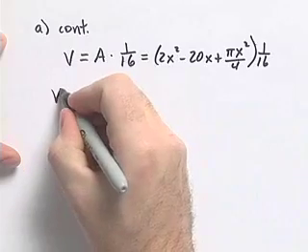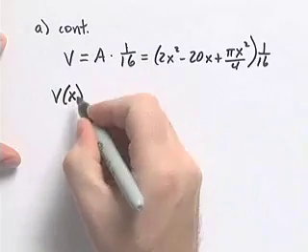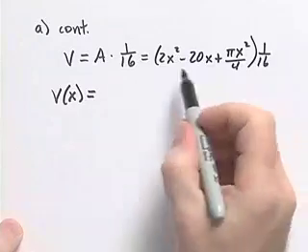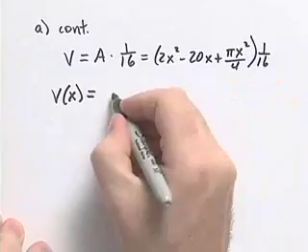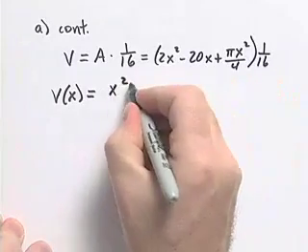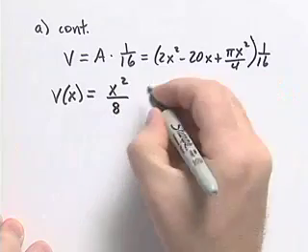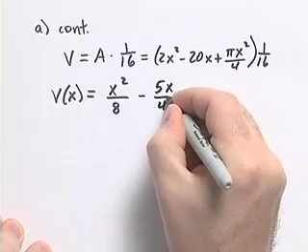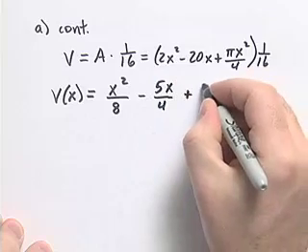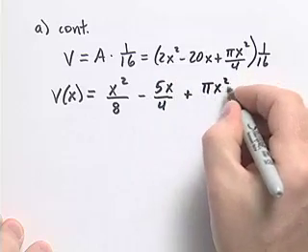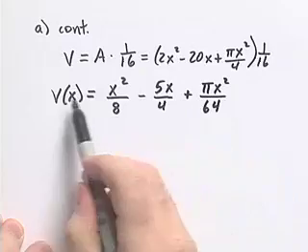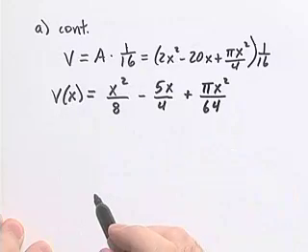In function notation, we're going to write V of x, so we see that the volume is a function of x. We multiply these together, and our volume will be x squared over 8 minus 5x over 4 plus pi x squared over 64. And so here we have the volume expressed as a function of x alone.